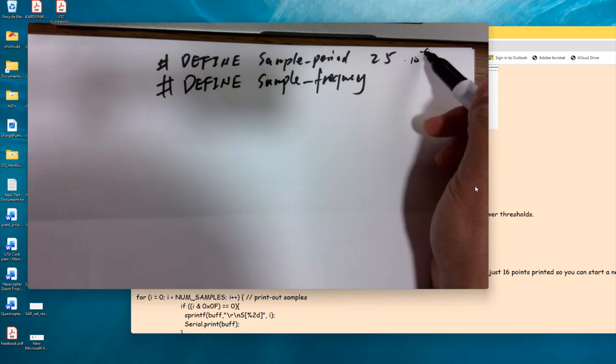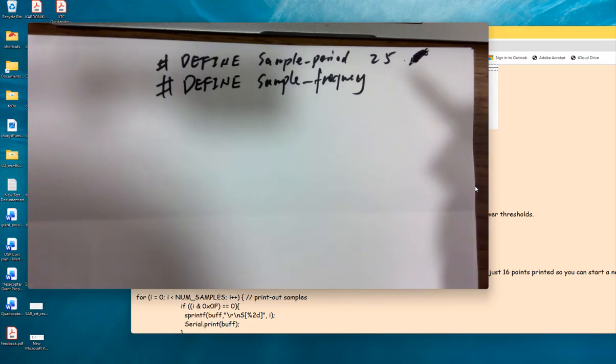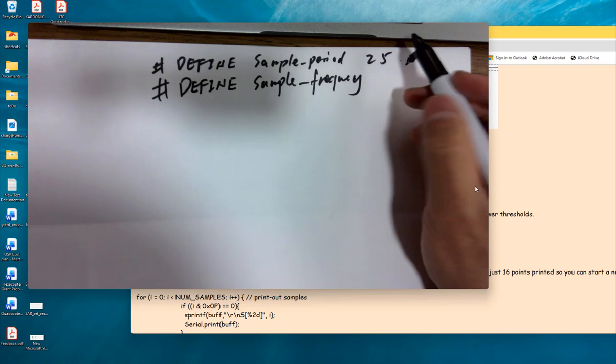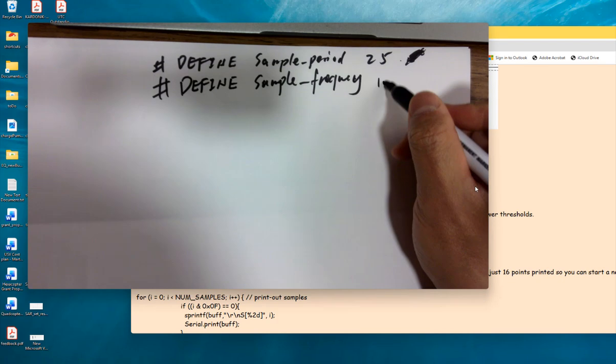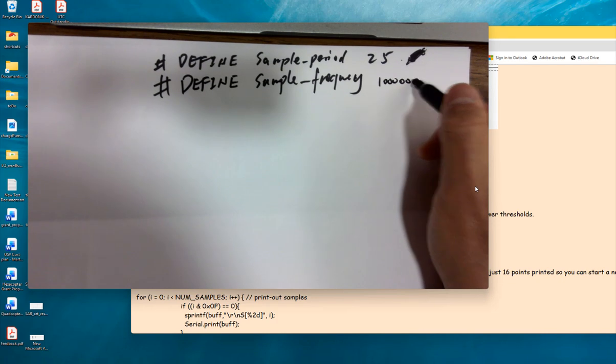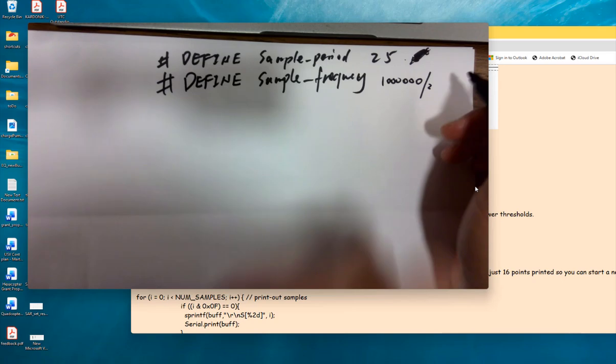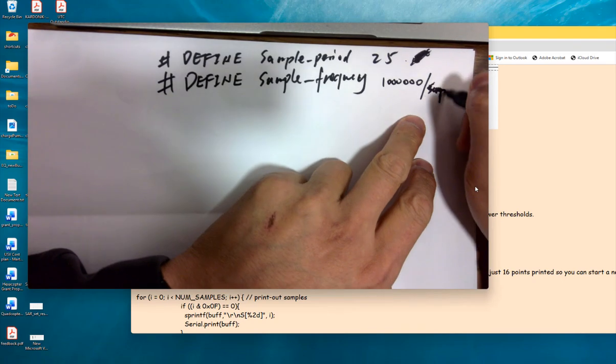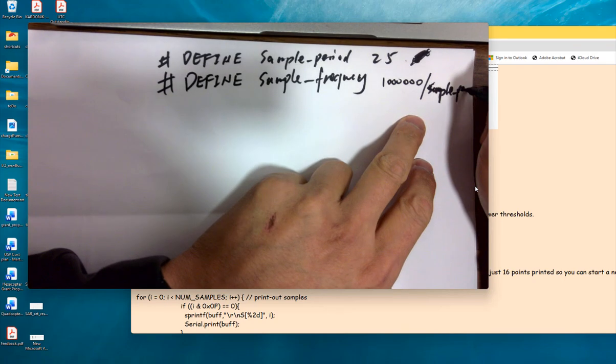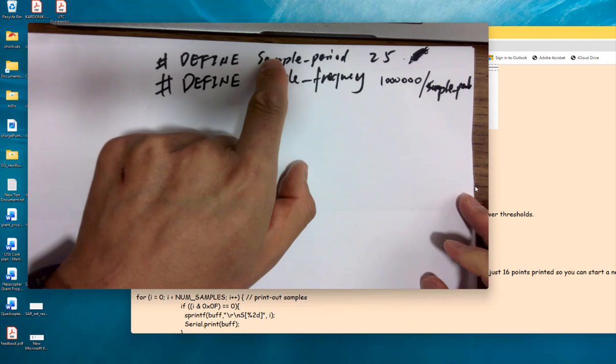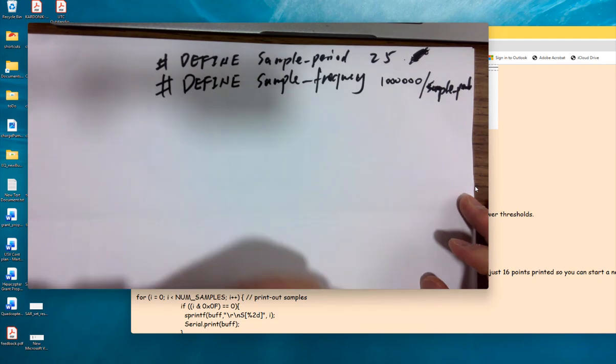So instead of doing that, we could use 1 million divided by 25, or divided by sample period, which is already defined up here.